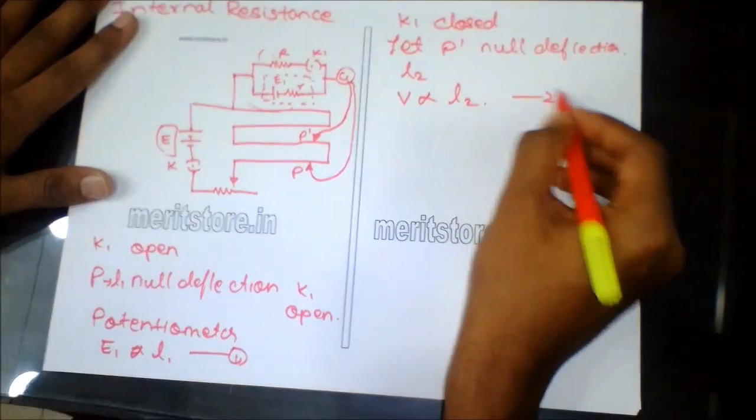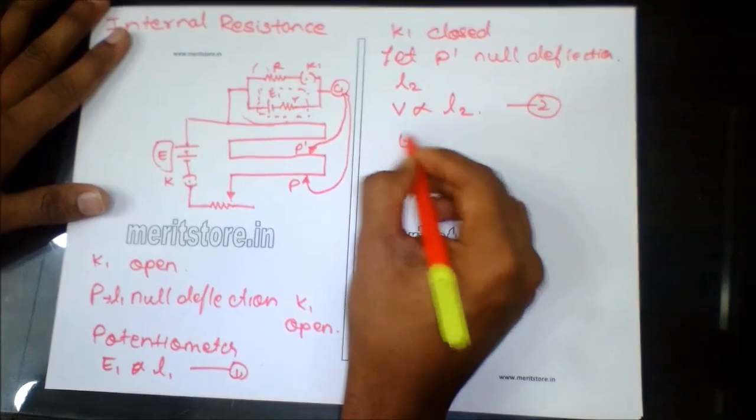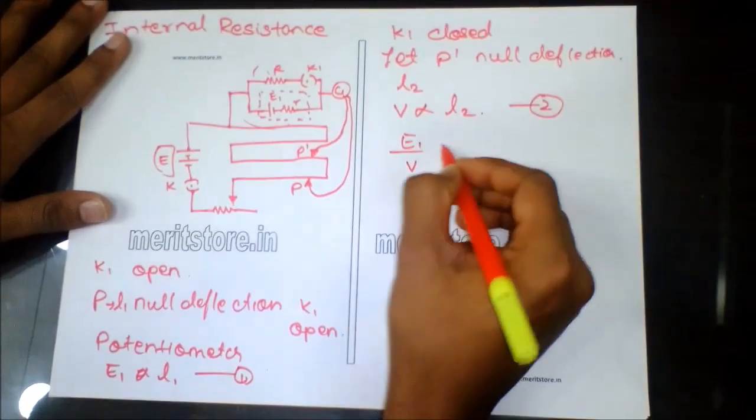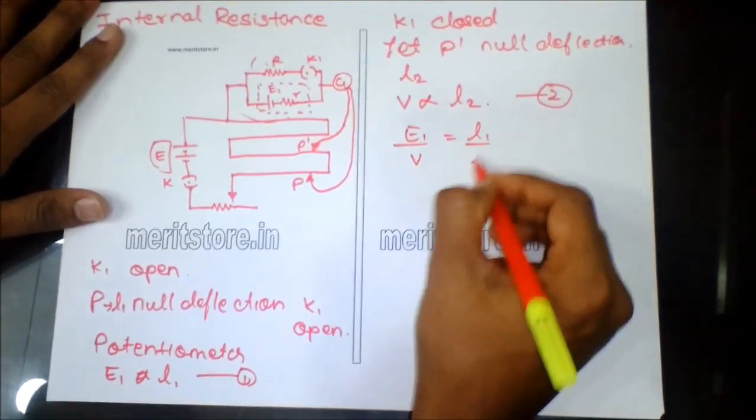Using these equations, we get E1 upon V is equal to L1 upon L2.